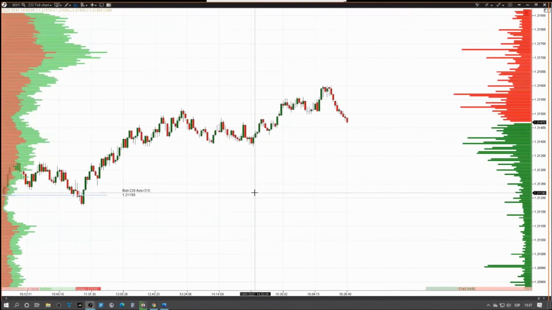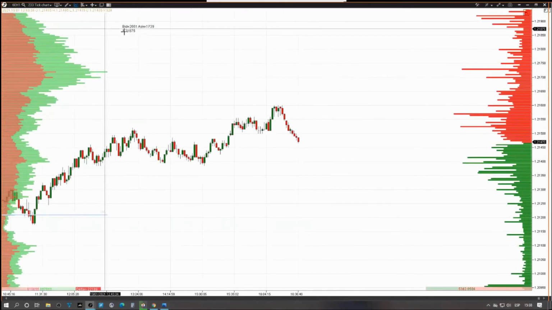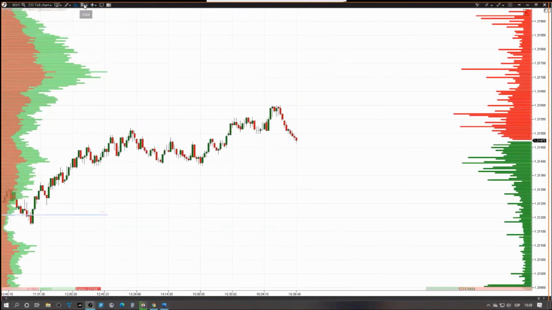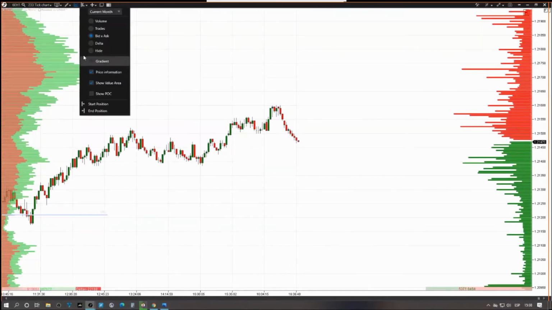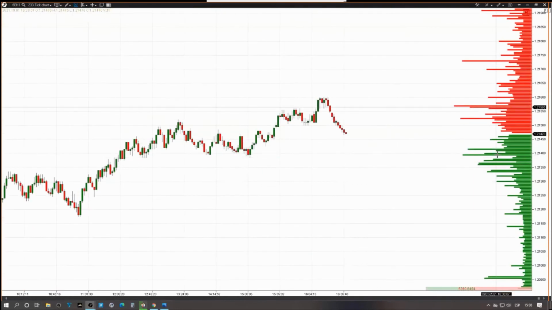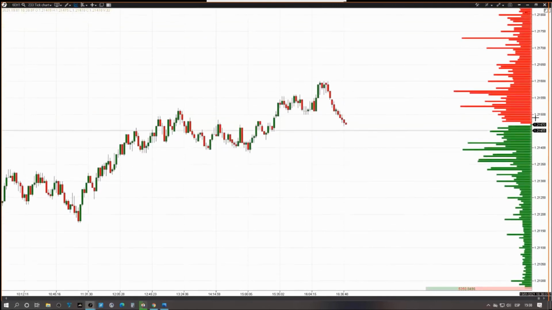Let me explain what you're seeing right here. You're watching the euro, and we can see the bars, the price action. We can see a very clean chart right now. Let me remove the volume so you don't see the volume either. Let's only leave this on the right side. And what is this on the right side?